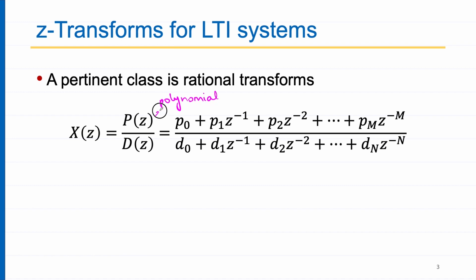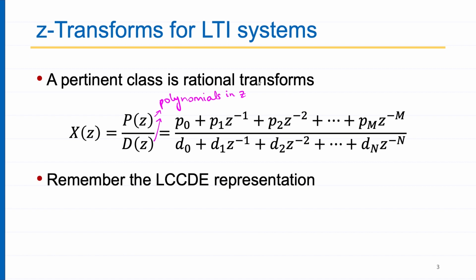You can compare it with the LCCDE, a linear constant coefficient difference equation representation for LTI systems, and you will see some very nice correspondence between this kind of rational Z transforms and the systems which can be represented with LCCDE representation.